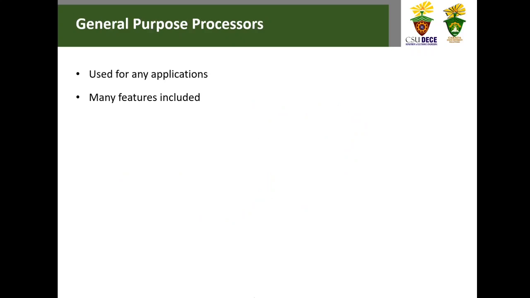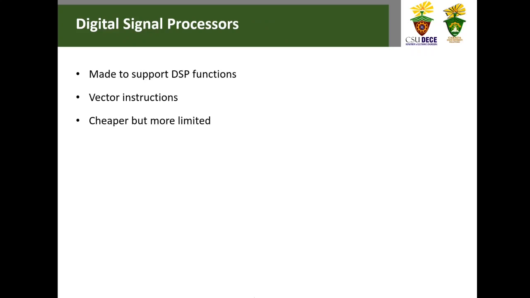And for the processor, we can discuss processors. There are two kinds of processor. Actually, we have this general purpose processor and digital signal processor.